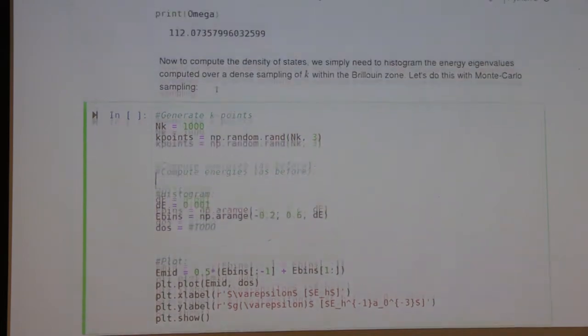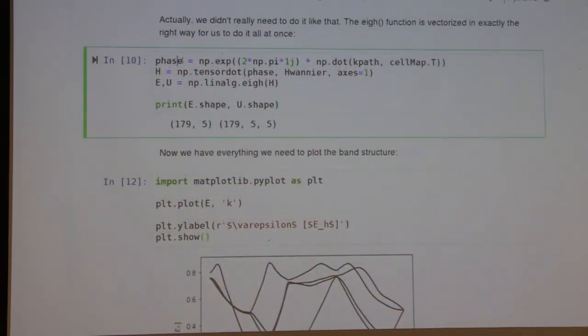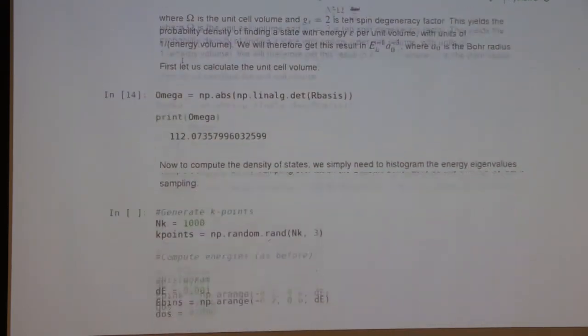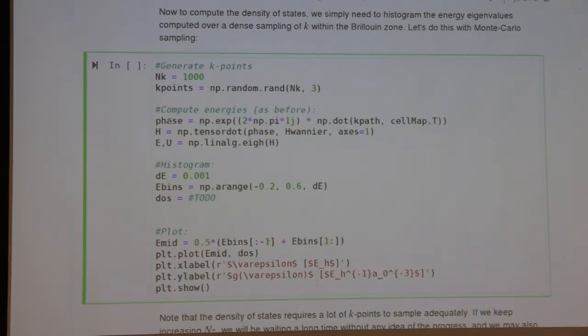Now I need to compute the energies, which I'll do exactly as I did for the band structure. So I'm going to copy over the code from here, with the only difference being that instead of using the k-point path, I will do this using my Monte Carlo sampling of k-points.